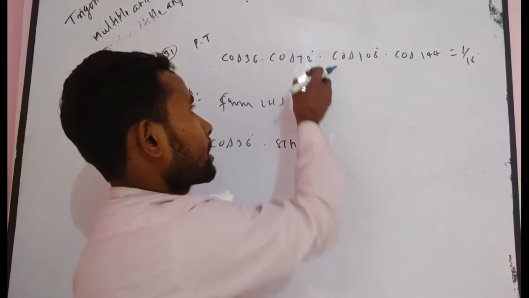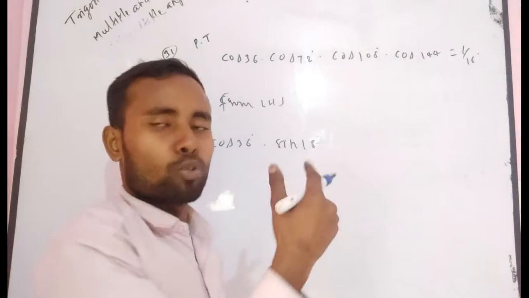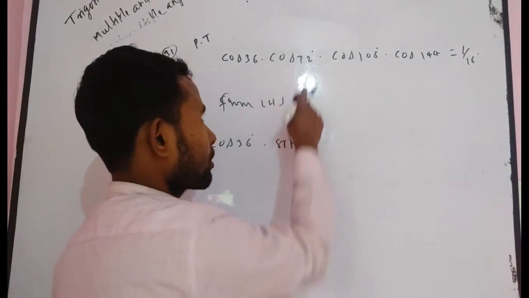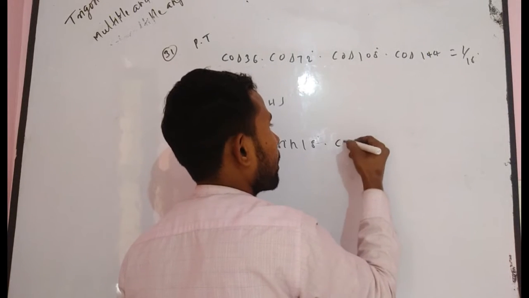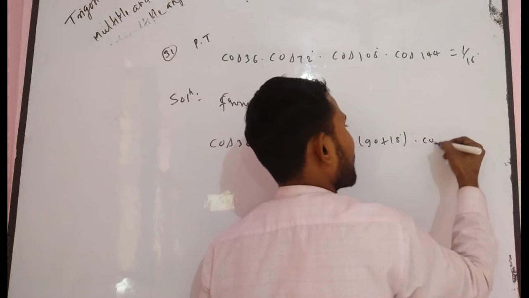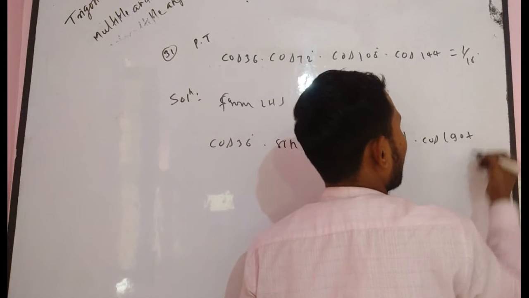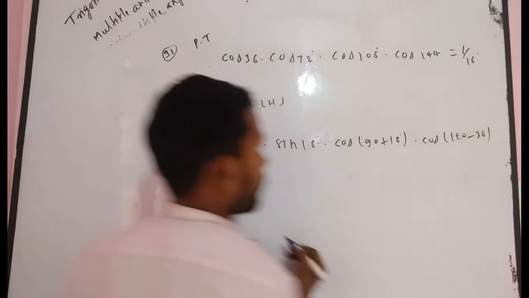If you add 72 and 18 you get 90 degree. So you can write cos 72 is equal to sin 18. Similarly cos 108, can you write it as 180 minus 72, or 180 minus 36, it becomes more easy for you.